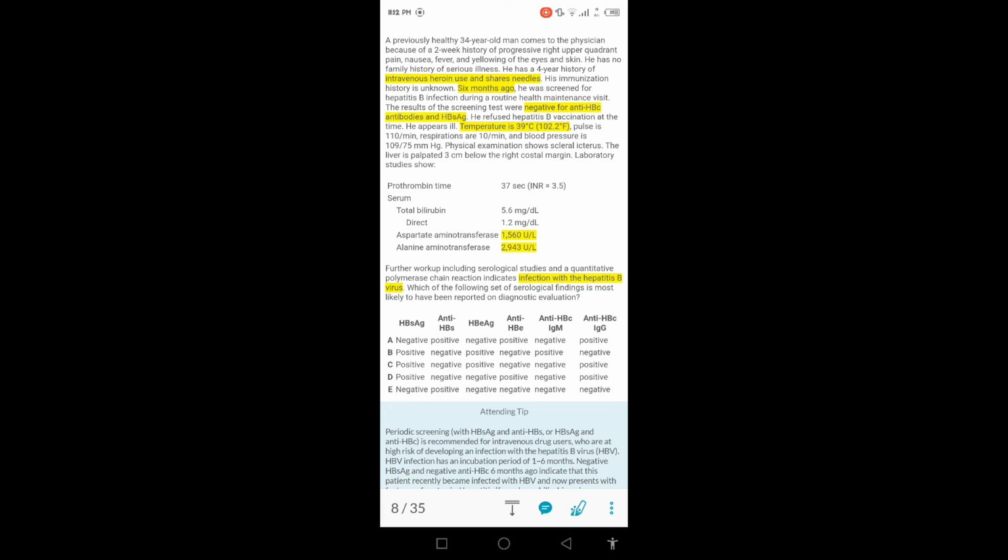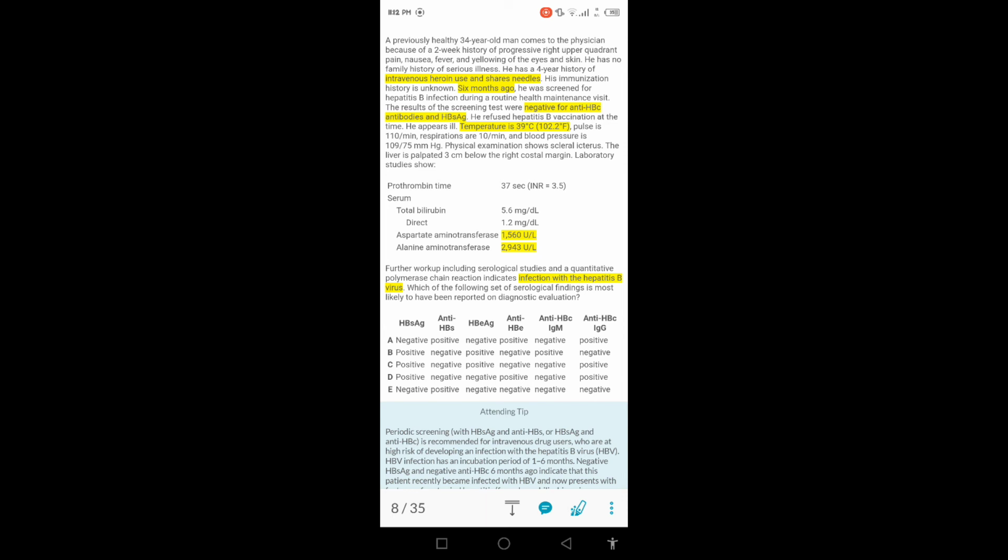We are going to look at the IgM antibodies. Anti-HBc IgM is positive in the window period. Everything else is negative and the patient has acute hepatitis. So basically, this patient could progress to resolved infection or chronic infection.